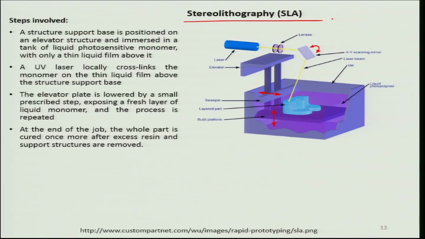The resin can flow back and forth over a moving plate, and the sectional thickness is exposed at different depths so that the whole structure can be built up. I had given a detailed illustration of stereolithography while looking at microsystems fabrication processes. It is process-wise exactly the same. The only thing is that there is a laser here, and an XY scanning mirror which writes down the different sections across the SLA.